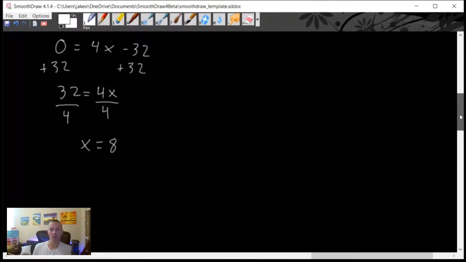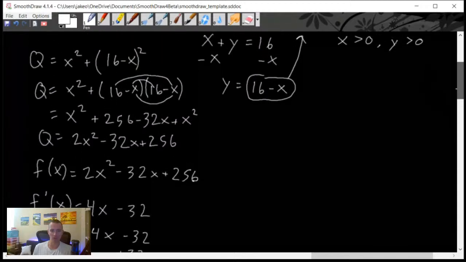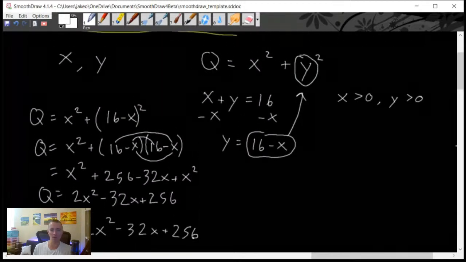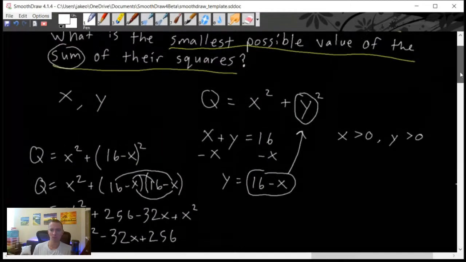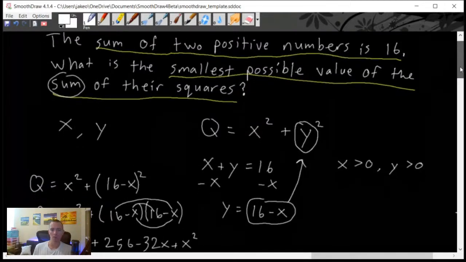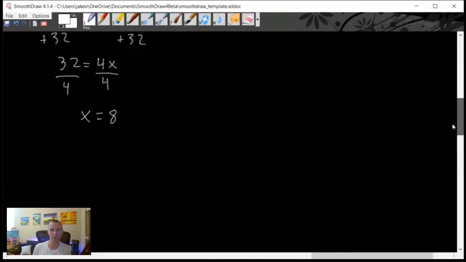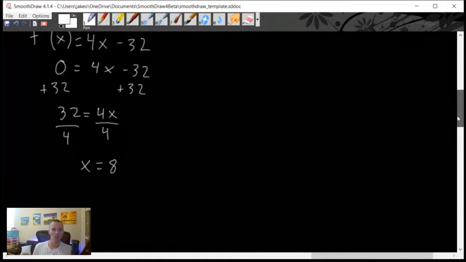It would definitely not be a bad idea to confirm that by doing either the first or second derivative test to confirm that that gives us a minimum rather than a maximum, since we are trying to make this as small as possible. But just to save time here, I'll leave that up to you if you want to confirm that. But now we know our x, so we know one of our numbers.